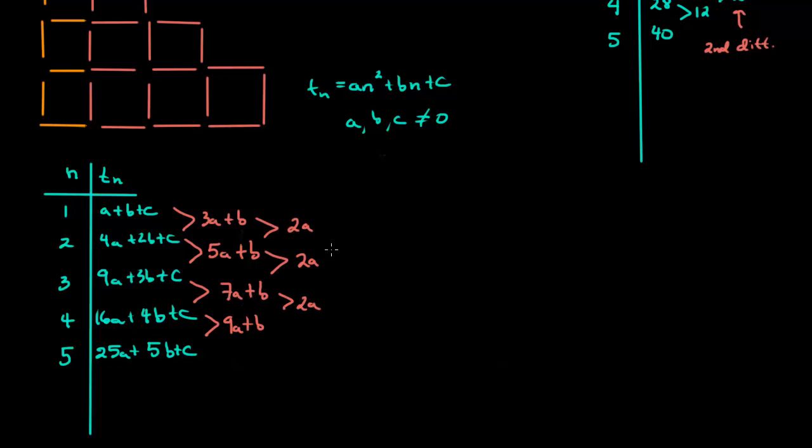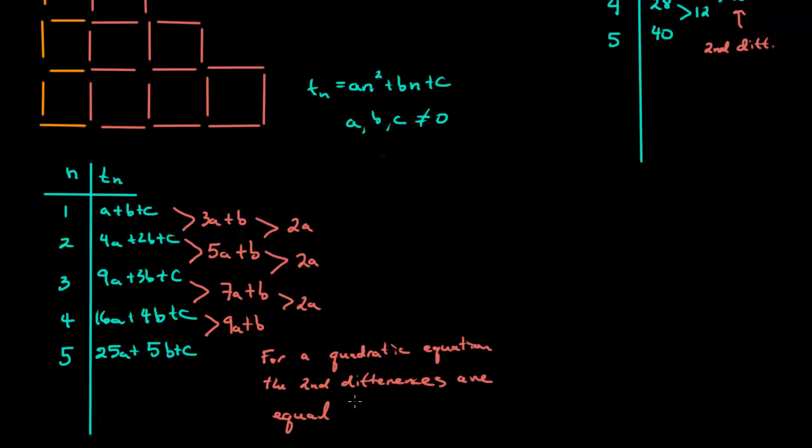So notice here that the second differences are all 2a for a quadratic equation, or for an equation that has degree 2. And they're constant.